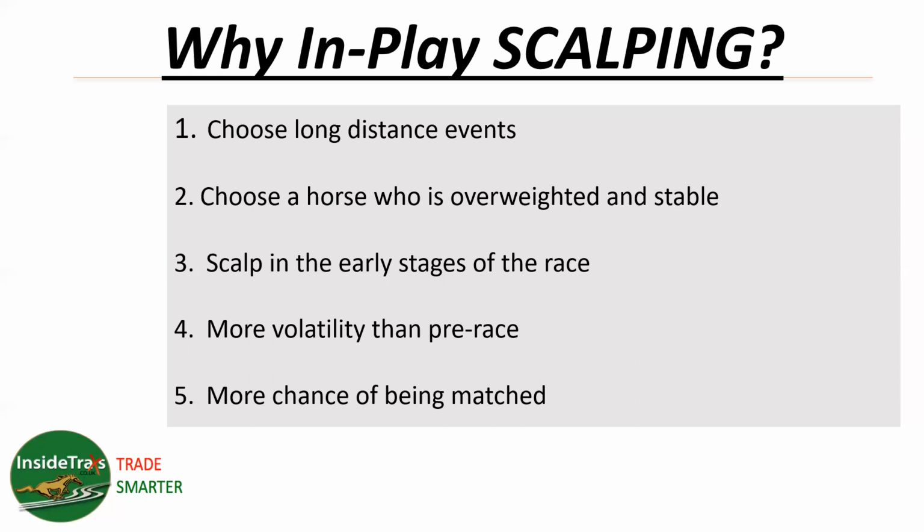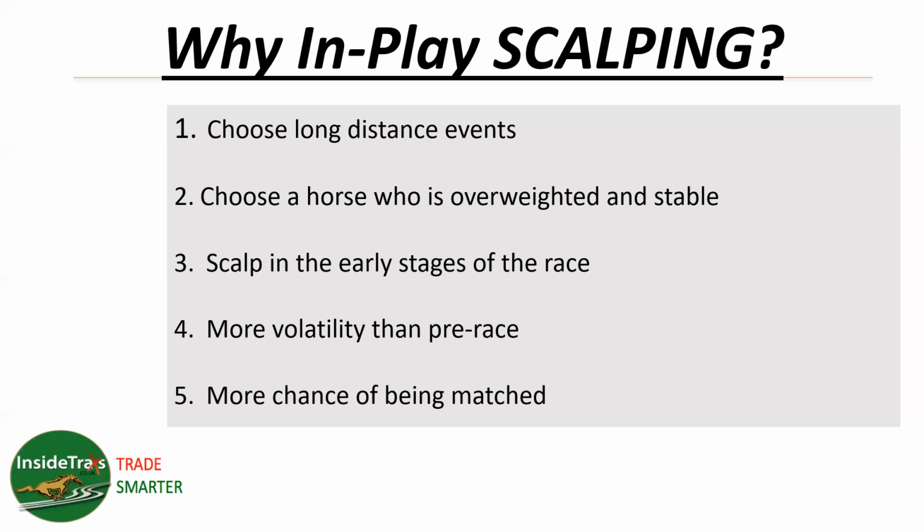Again, in the early stages of the race, very little, in fact, happens. So if you take the very early stages of a 2-mile race, for instance, on the flat, even if a horse comes out quite slowly from the stalls, it's not the end of the world. Whereas if you're, for instance, trying to scalp in play on a 5-furlong race and your horse misses the break, that's it.